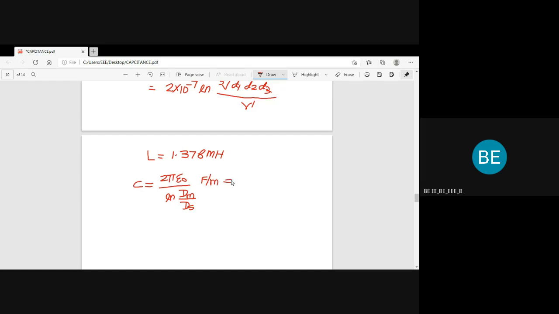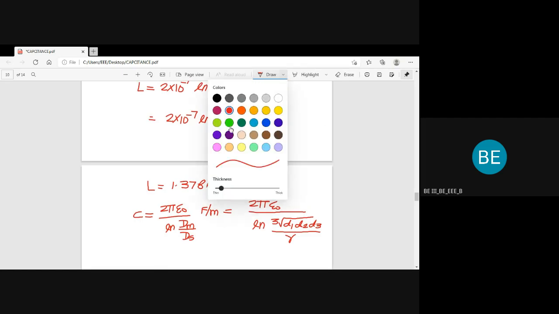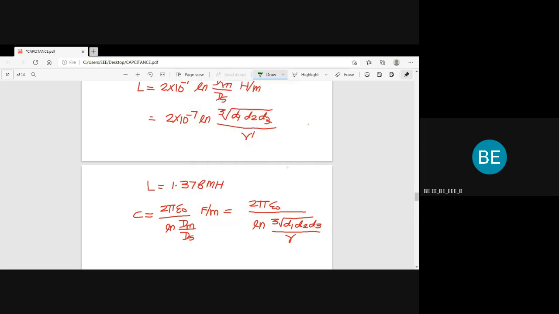Dm will be the cubic root of D1, D2 and D3, divided by Ds, whose value will be R. So you check, in inductance we use R dash, in capacitance we use R. That is the difference in Ds calculation between inductance and capacitance.